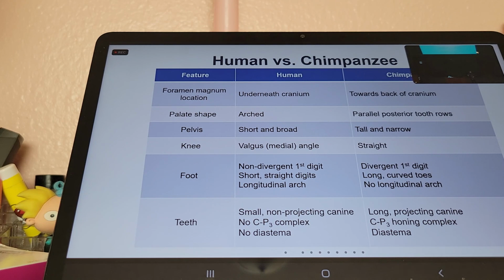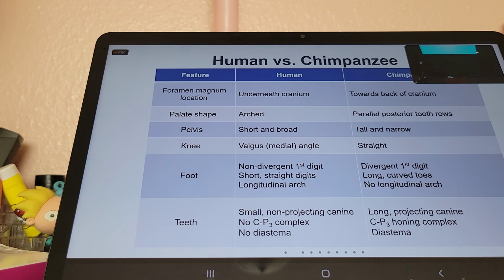This is just a quick summary of the features that we see in humans, and the features that we see in humans are things that are either necessary for bipedalism or associated with bipedalism. And then what we see in a chimpanzee or a gorilla, which are traits that are not associated with bipedalism because they use suspensory and quadrupedal locomotion.